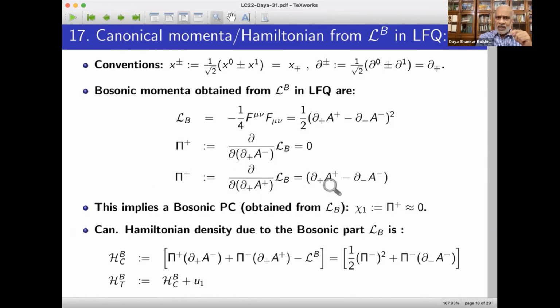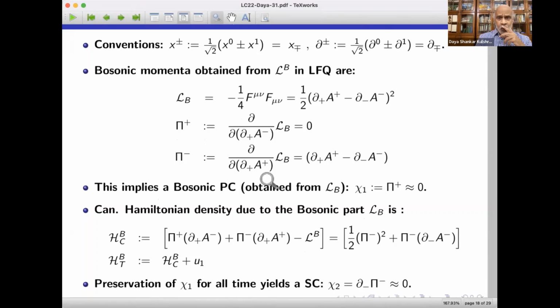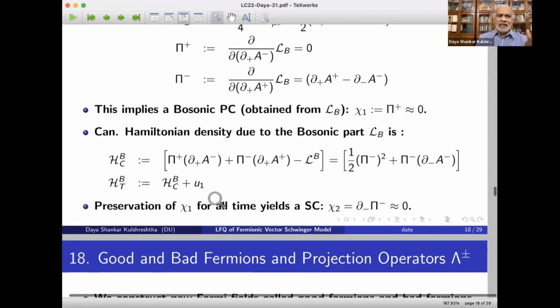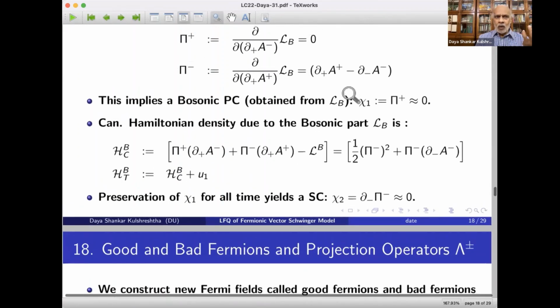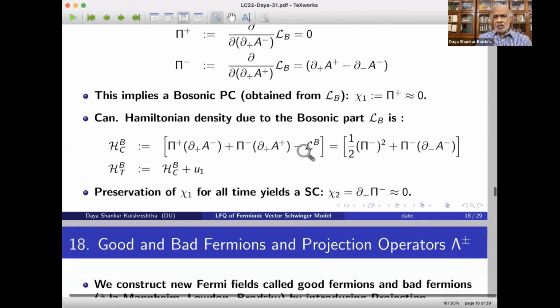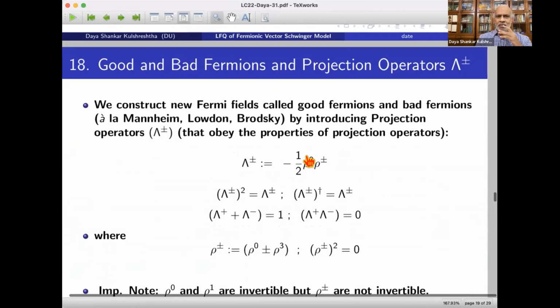So this does not give me any constraint because this is a velocity, the time derivative of A plus. So I have one Dirac primary constraint once again, and I follow the standard Legendre transformation to calculate my canonical Hamiltonian. I think I would need it later, so I would include both the bosonic and fermionic parts in my theory.